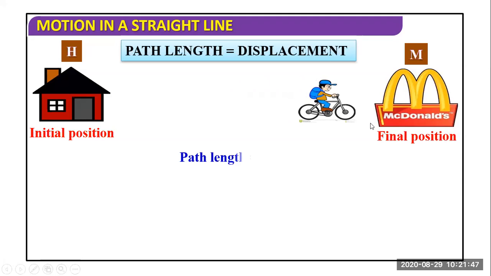So the path length is HM, H for home, M for McD, and the displacement is also HM, because this person is not changing direction and is not returning on the path back. So these two are the same in this case.